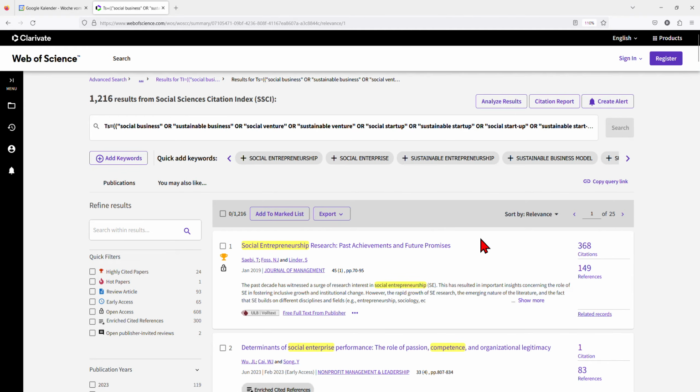And that brings me to another thing here, and this is this sort by feature here. I'm currently sorting by relevance, and if I do this, then the database sorts these hits here, the 1,200 gross hits, according to what the database thinks are the most relevant for your search. And this is kind of good because it gives you a good idea of how good or bad your search was in the beginning.